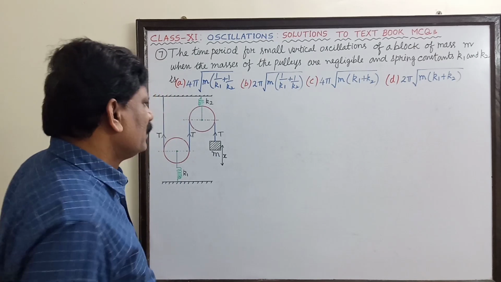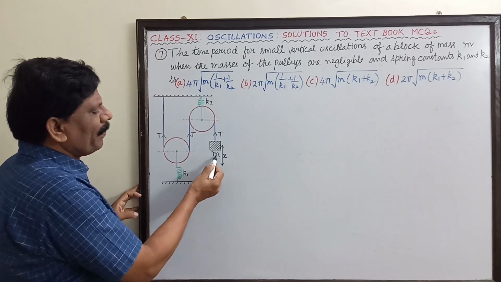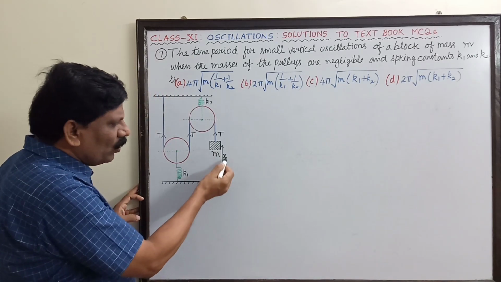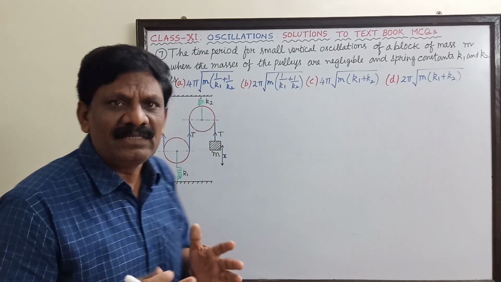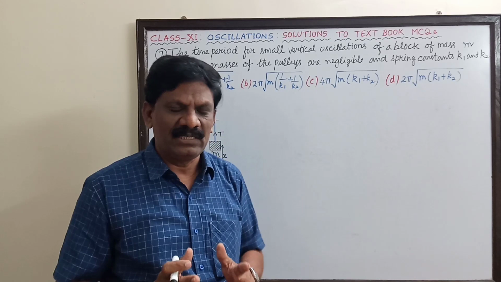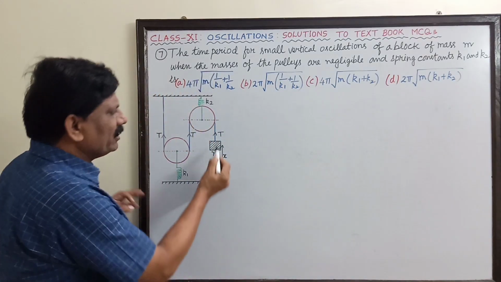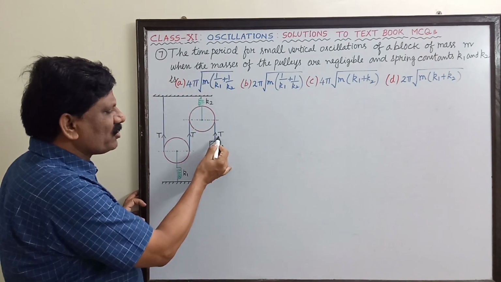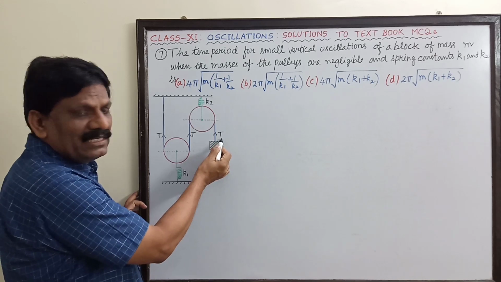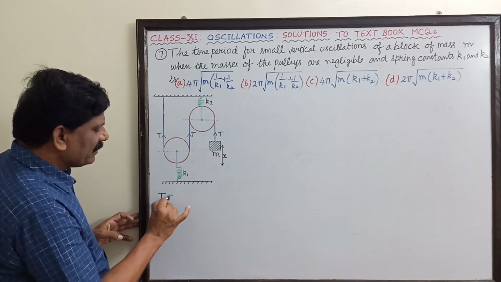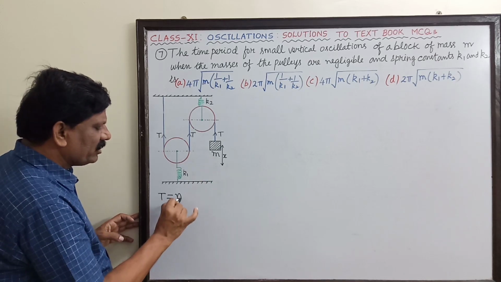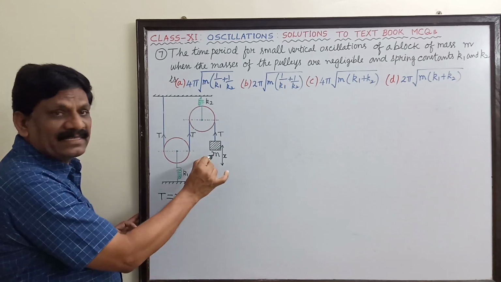Now when I pull this mass m through a distance and release, the system is going to accelerate. The tension in the string above this mass is T. Therefore, I write the tension T is equal to the mass into its acceleration.